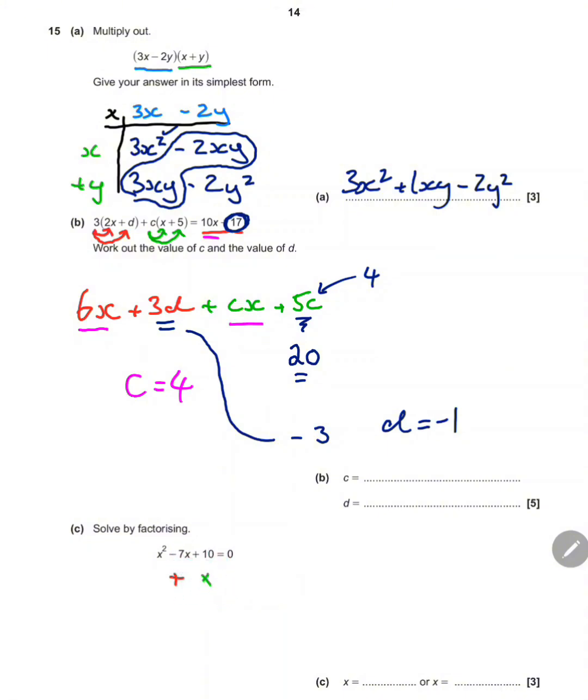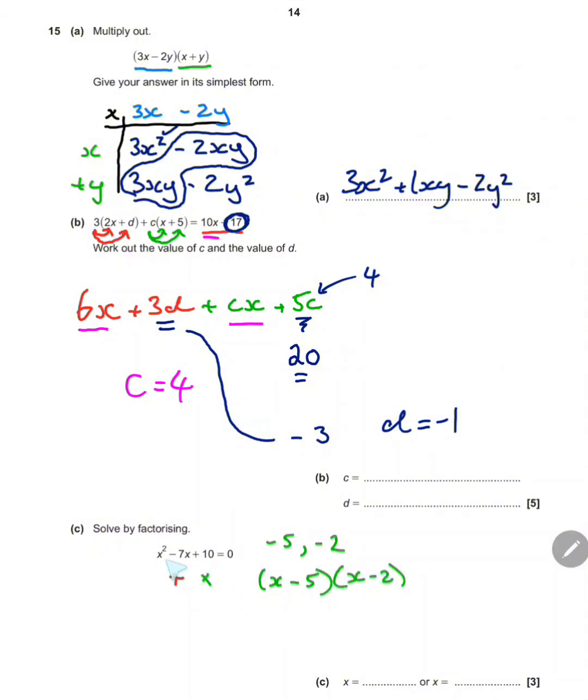but times to positive 10, I think -5 and -2. -5 and -2 makes -7. -5 times -2 makes positive 10. So they're the two numbers I'm looking for, and those two numbers go into my brackets.